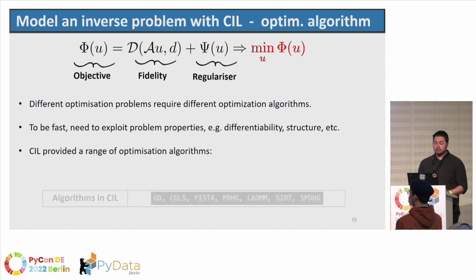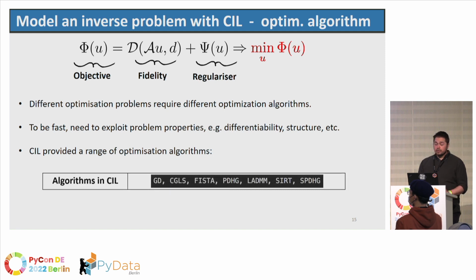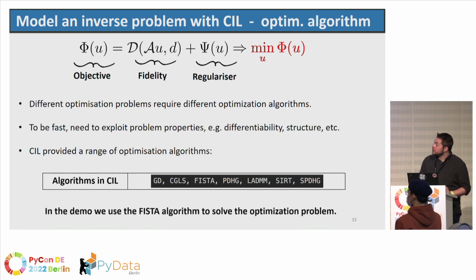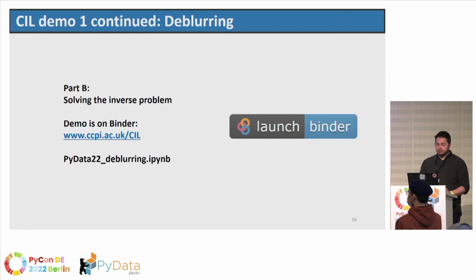This is what SIL provides, a number of different algorithms. There are some gradient descent algorithms, and we have one called FISTA, which I'll be demonstrating in the demo, and other ones that are suitable in various cases. I won't go into the details of that. I'll just say that we'll be using the FISTA algorithm in this demo.